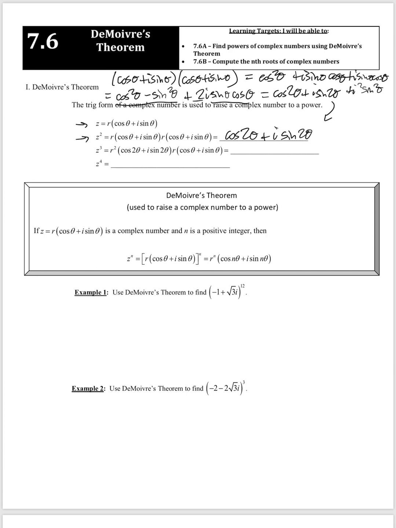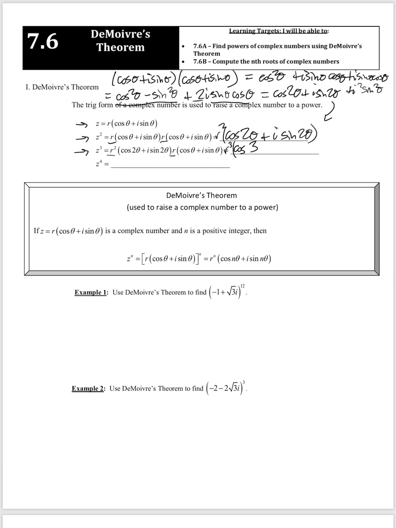And if we go ahead and box method all these other ones, we'll end up with cosine of 3. Oh, before I go on, I do apologize. We also have these r's here. r times r is r squared. So here I have r squared times r, that's r cubed.